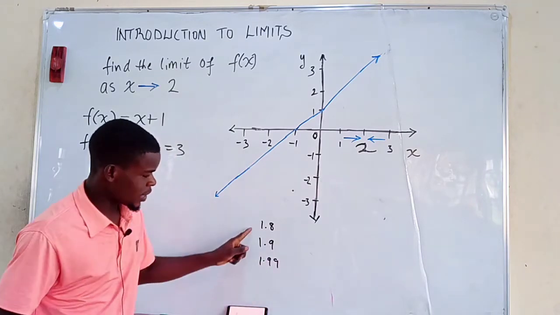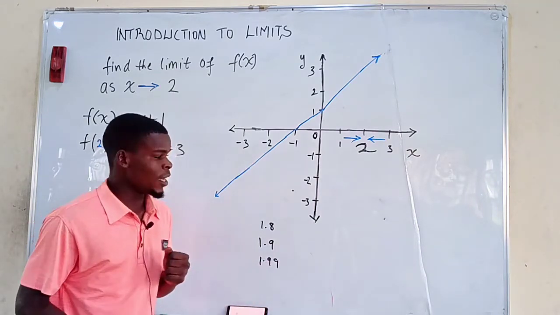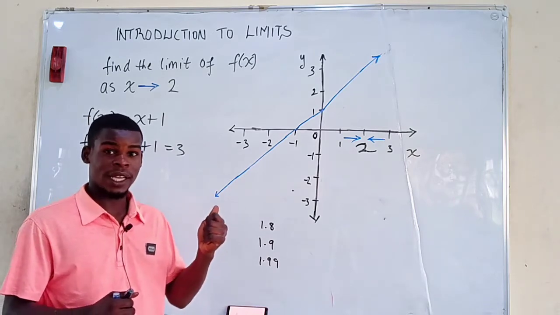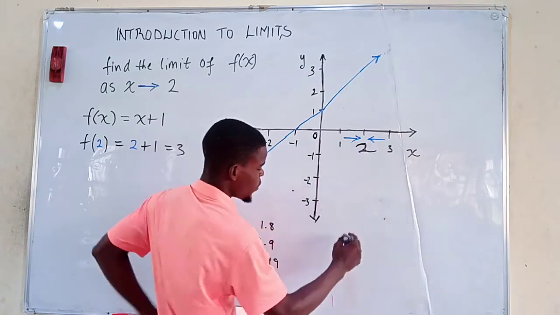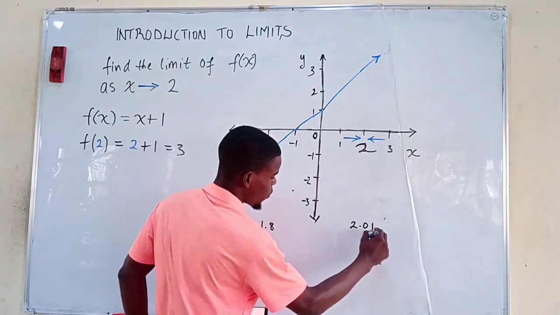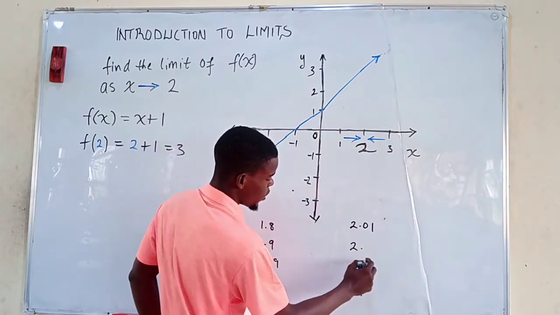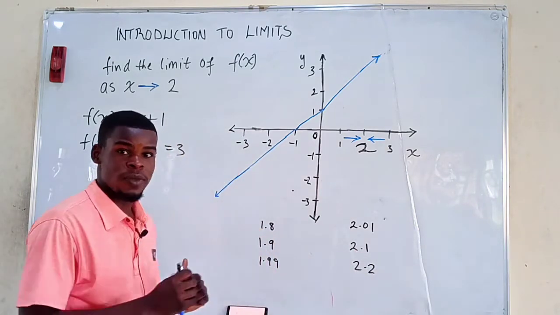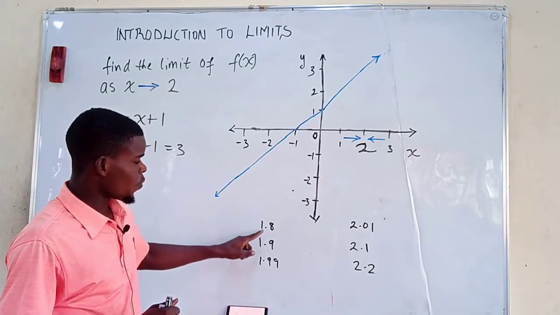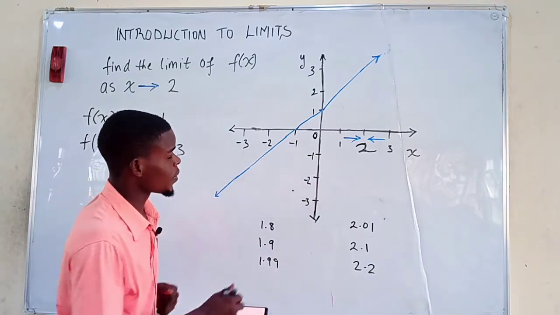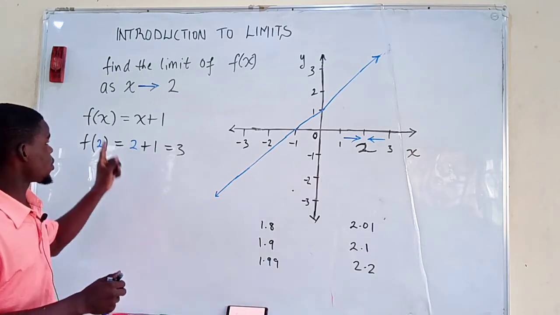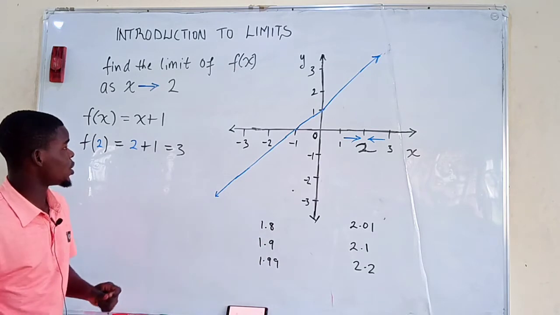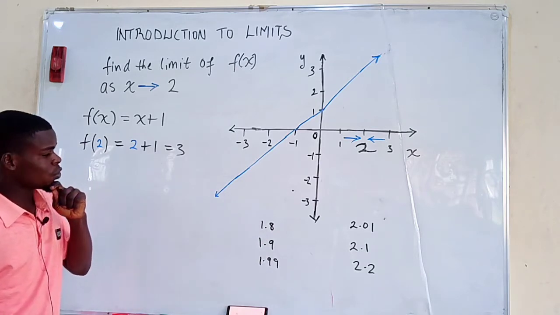Then from the right, we should be talking about numbers that are bigger than 2 but very close to 2, for example 2.01, 2.1, 2.2, and so on. Now, if you plug 1.8 into this function, f of x is x plus 1, the result is going to be 2.8.